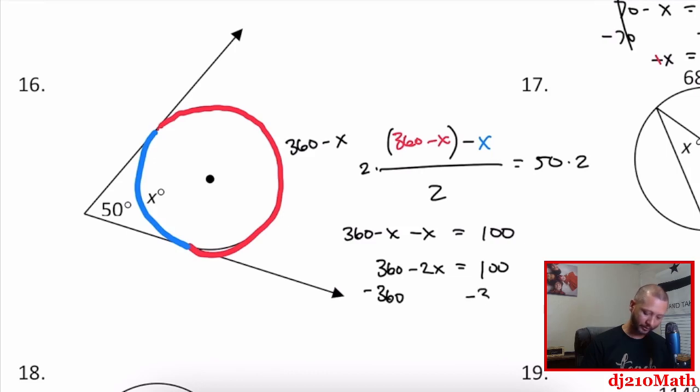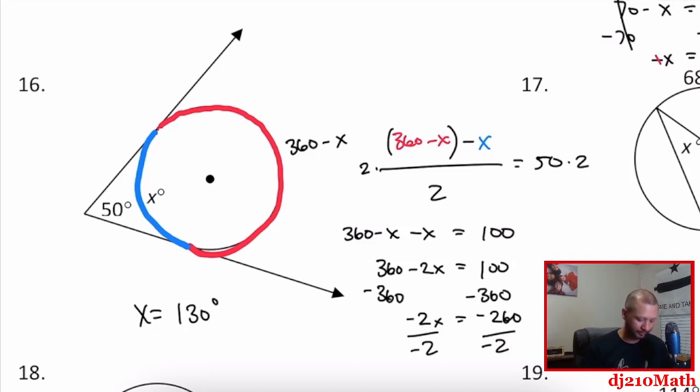Subtract 360. Negative 260, right? Because 100 minus 360. Dividing both sides by negative 2. X is equal to 130 degrees.